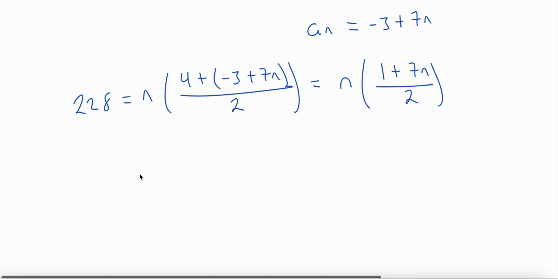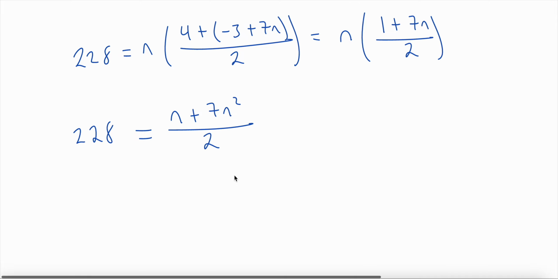So we're going to get (n plus 7n squared) over 2, and that equals 228. Now let's multiply the 2 on both sides. So on the left side, we're going to get 456 equals n plus 7n squared.